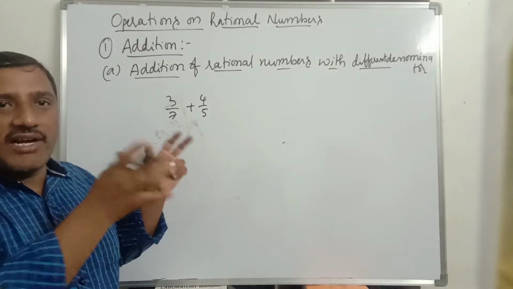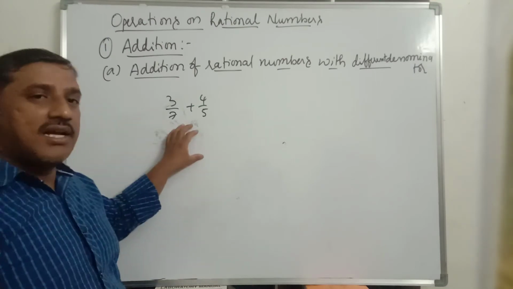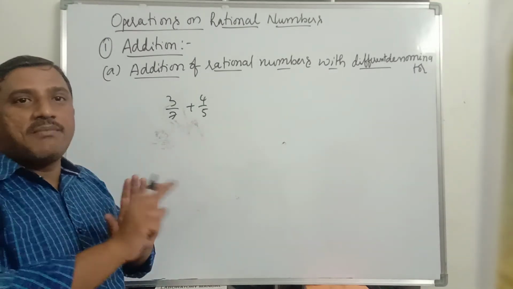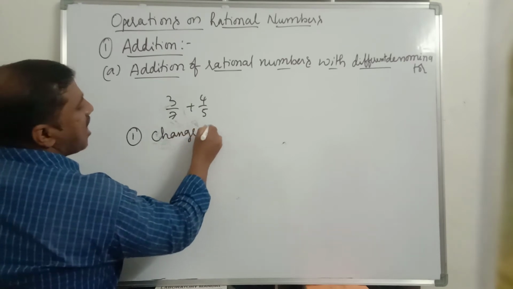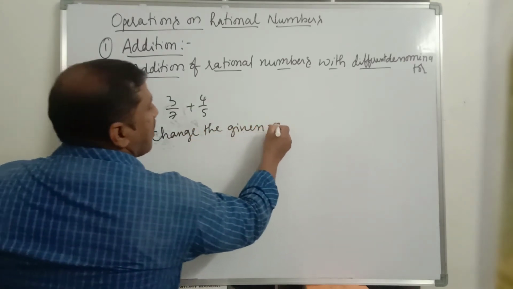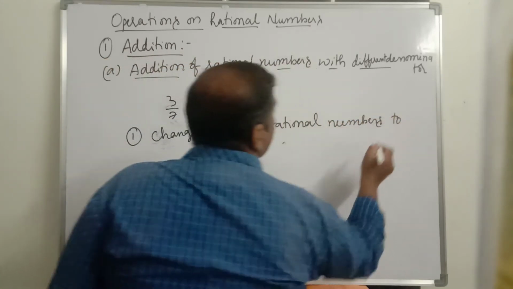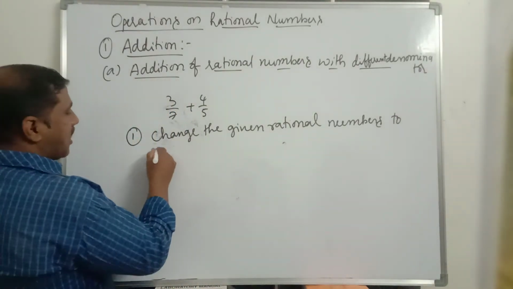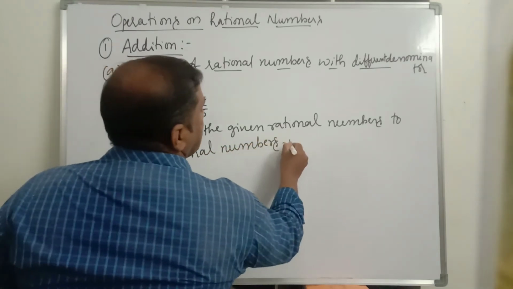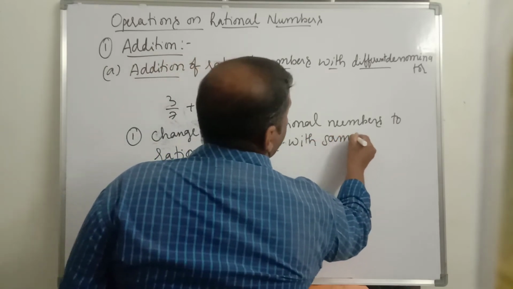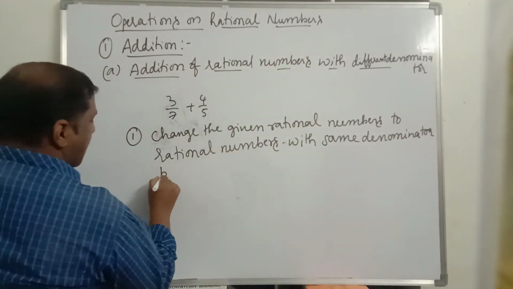What we did for fractions, the same we have to do here. The first step is to convert the given rational numbers to rational numbers with the same denominator, by taking the LCM of the denominators.